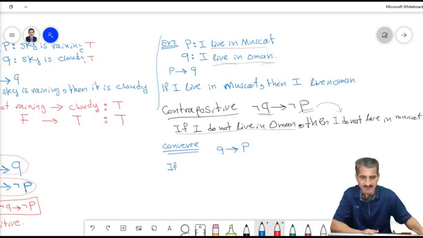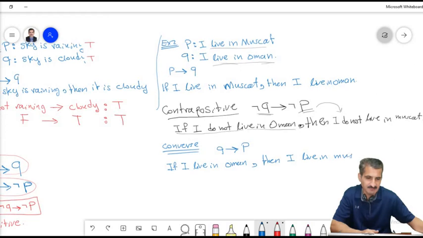So the statement will become, if I live in Oman, this is Q, then I live in Muscat, and this is P. So this is P and this is Q. And you know this statement is not necessarily true.